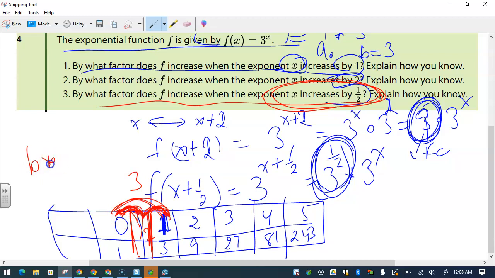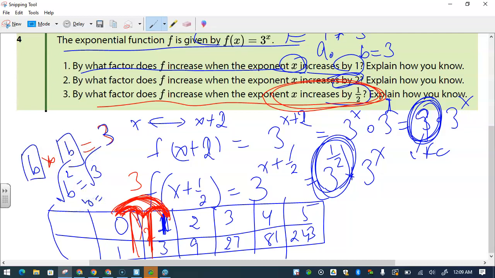So b multiplied by b gives 3. What two things when multiplied will give you 3? If you don't know, we put b squared equals 3, then take the square root, and you can see b becomes the square root of 3, which is 3 raised to half.